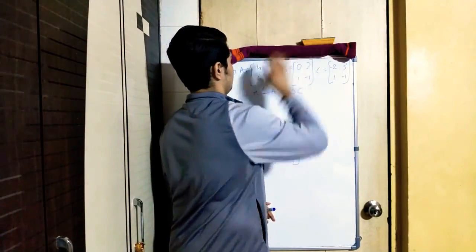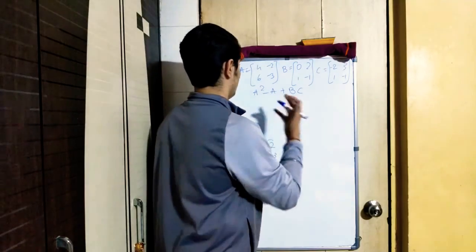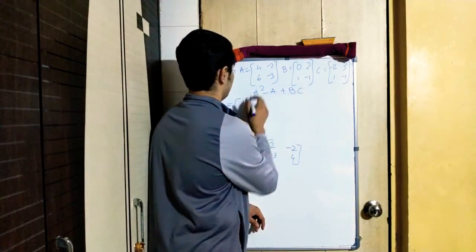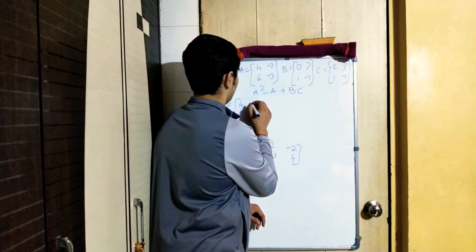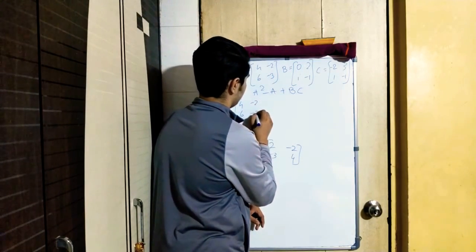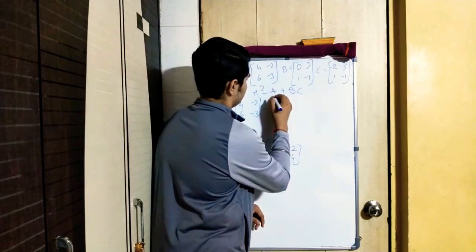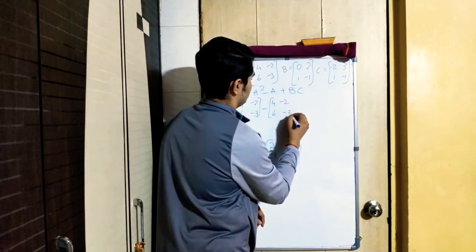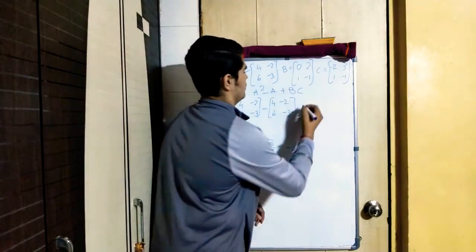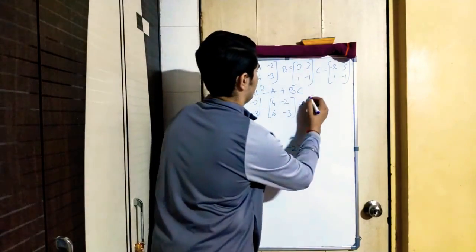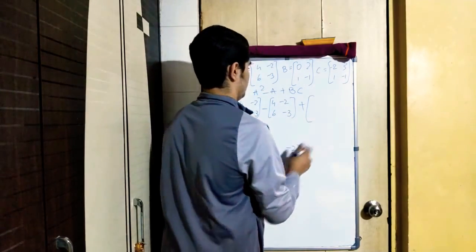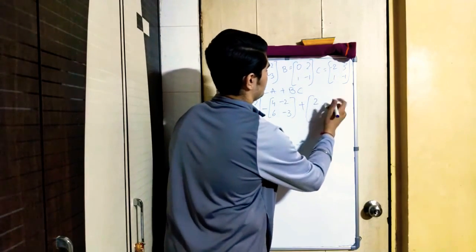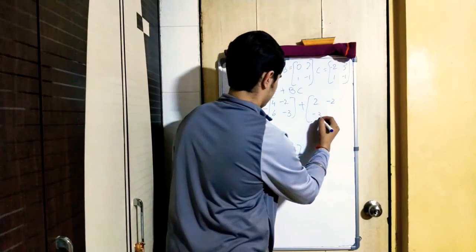So now we solve the whole thing. We get A squared as it is, [4, -2; 6, -3], minus A, [4, -2; 6, -3], plus BC, [2, -2; -3, 4].